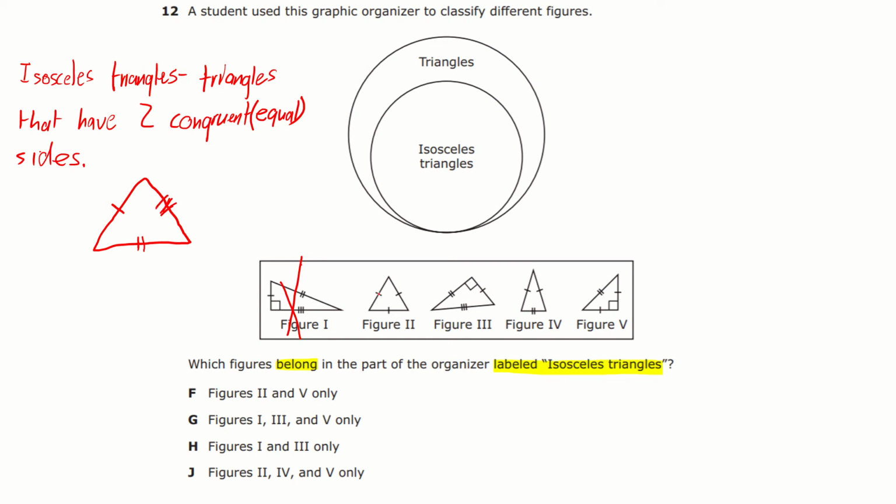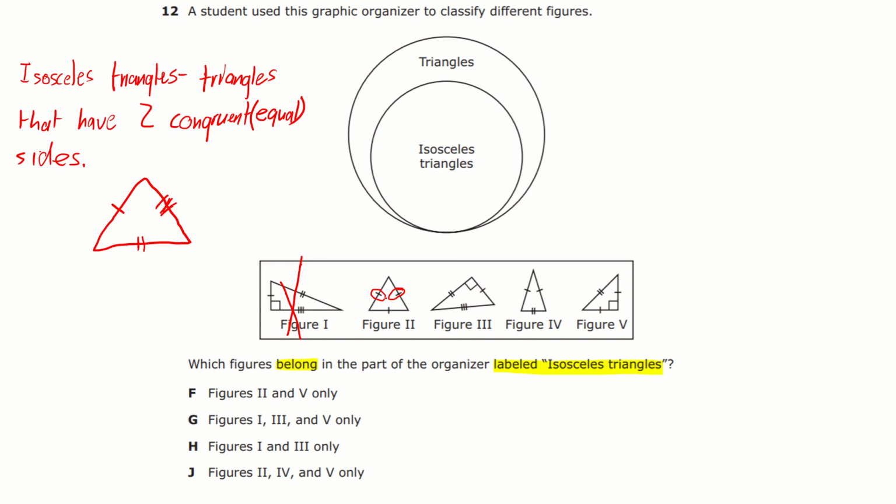So in figure 2, you see one side here that has 1 tick mark, one side here that has 1 tick mark. And since these 2 sides have the same number of tick marks, we could say that these 2 sides are congruent. And that fits the definition of isosceles triangles.